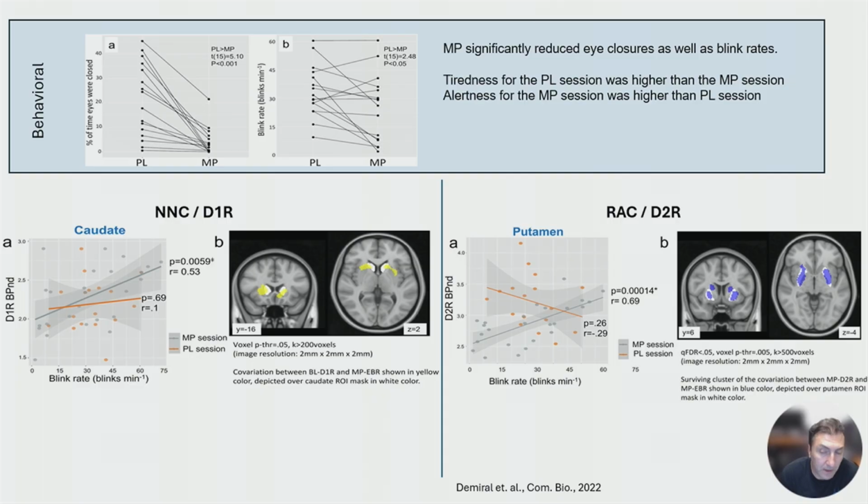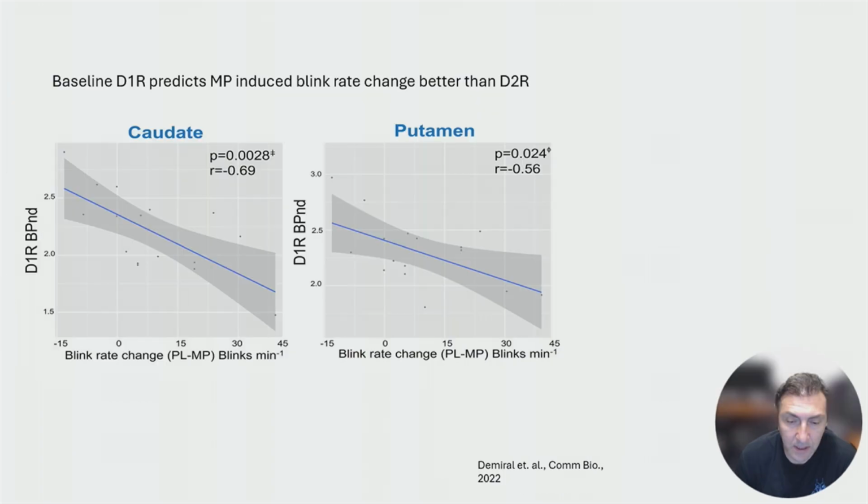The next question we asked was whether the change in blink rates from placebo to methylphenidate can be estimated from the baseline or placebo dopaminergic receptor densities. When we looked at those, we saw that only D1 receptor densities are highly predictive of the methylphenidate-induced blink rate changes.